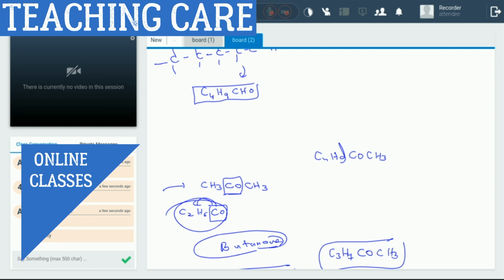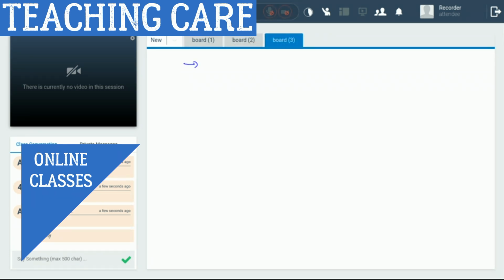Very right. Very good. Why? Because the 4 will be like that, so C4H9 and it would be CO and CH3. Very good. So I hope the ketone is clear to you.